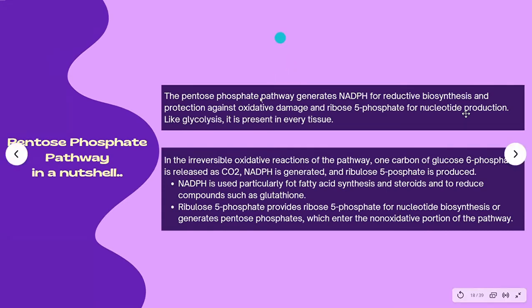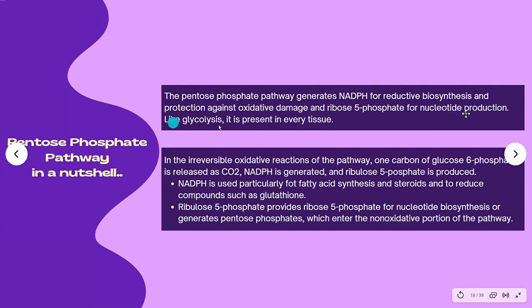So here again is the pentose phosphate pathway in a nutshell. So repeat it again: NADPH for reductive biosynthesis, protection against oxidative damage, and ribose 5-phosphate for nucleotide production.